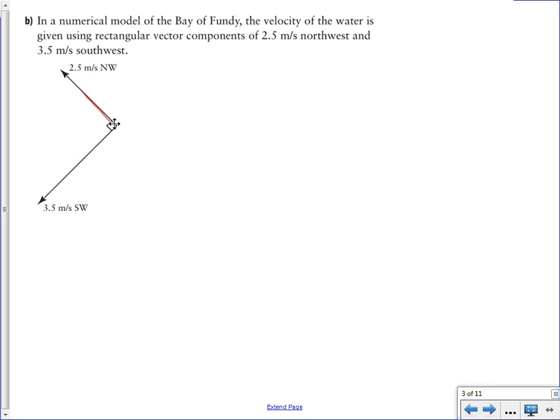Here's my vector. There's my northwest vector, and then I'm going to draw my southwest vector. And so there's my red vector.